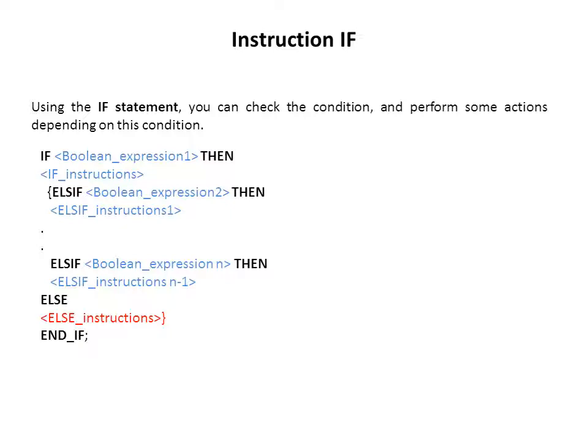Otherwise, the rest of the logical expressions will be checked one by one until one of them returns true. Then the instruction that follows this logical expression, up to the next ELSIF or ELSE, is executed. If all logical expressions are false, the instruction after ELSE is executed.